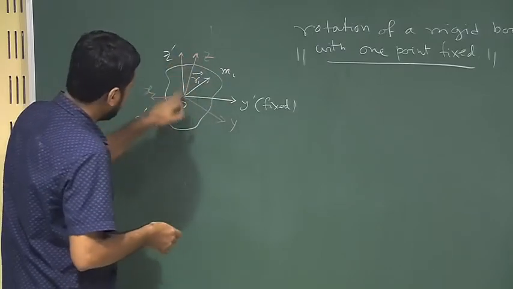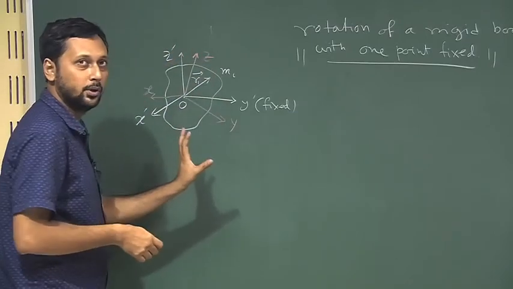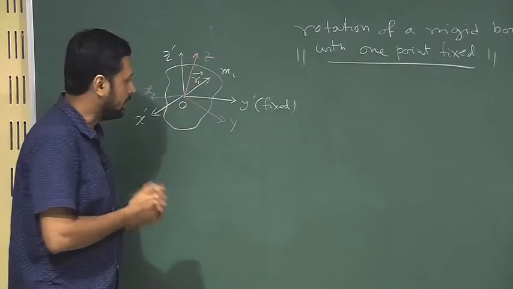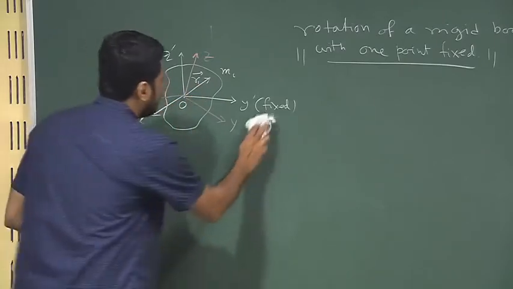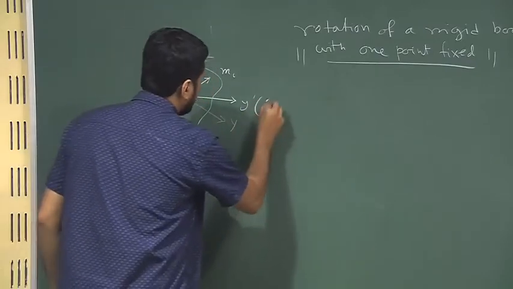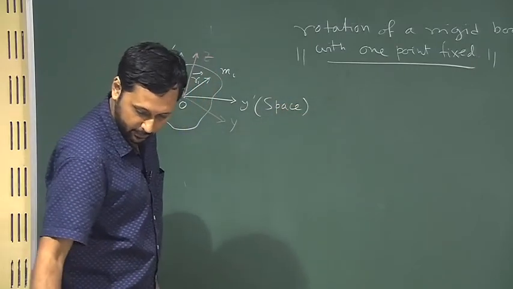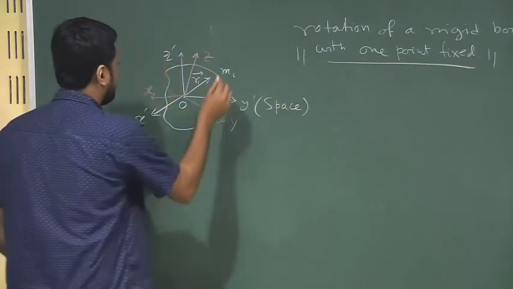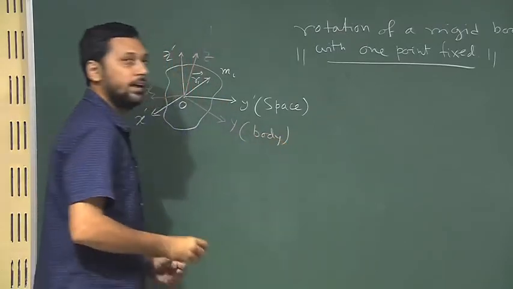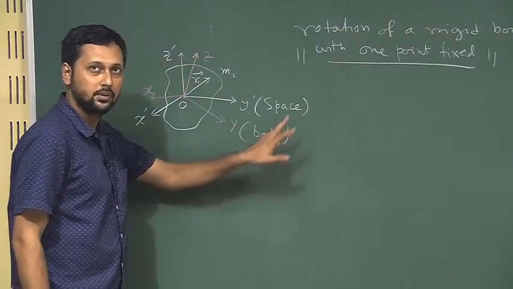As the entire axis system of x, y and z is moving with the rigid body, during the motion r I does not change. And now onwards we will call this the space set of axes, and we will call this one the body set of axes. This is also a nomenclature we will be following throughout this chapter.